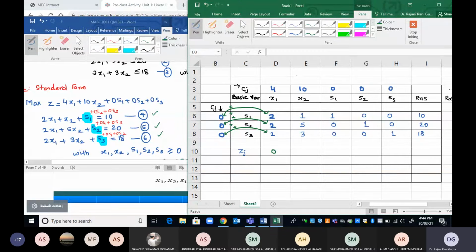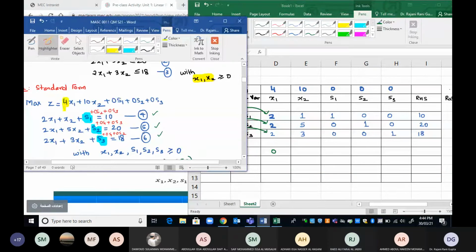Miss, could you show me how you get 4 and 10 and 0, 0 in the Cj above? Yes, it is from here, the objective function: 4, 10, 0, 0, 0. We already used the constants to fill the table here, and Cj we always get from the objective function.